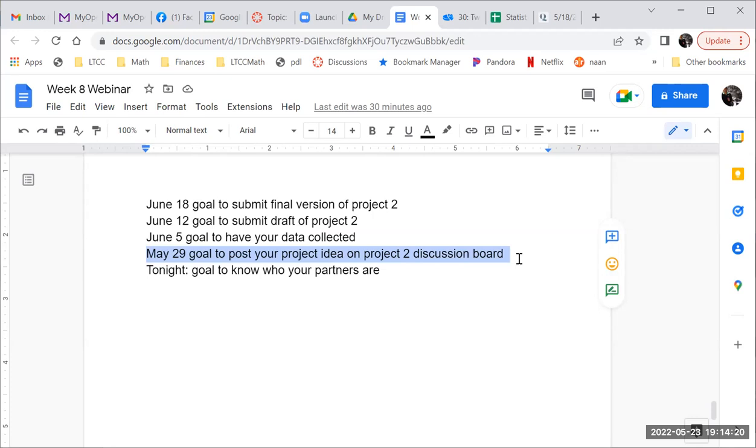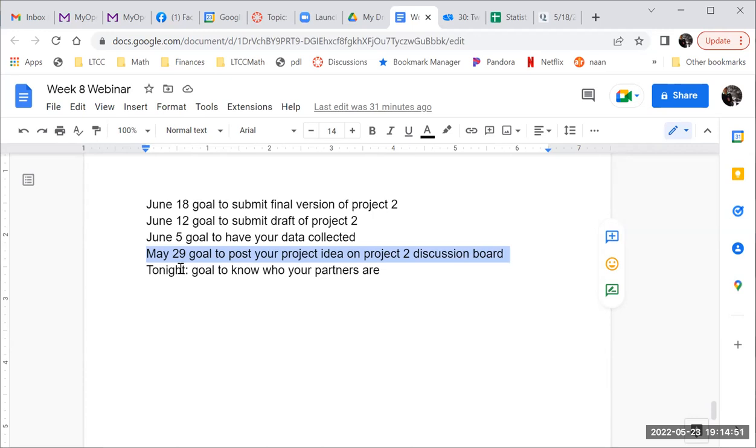So we're getting there. By May 29th, post your project idea on the project 2 discussion board. When I say post your idea, you're going to post your null hypothesis and the alternative hypothesis and a short description. Then I can look at it and give you ideas on how to make it work even better. Does that make sense? Any questions on that?